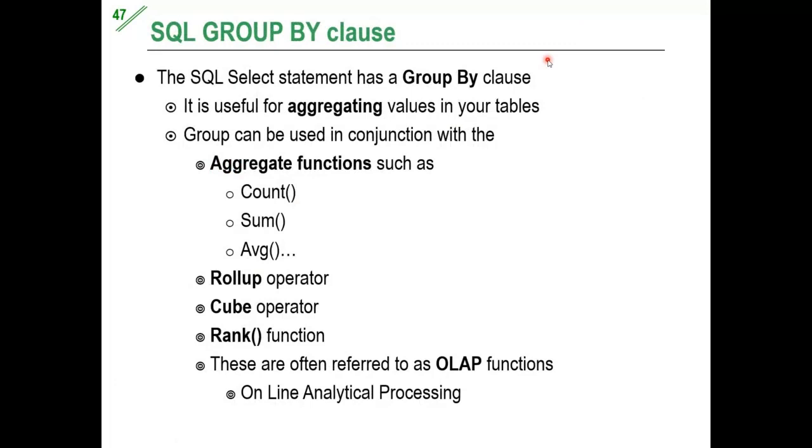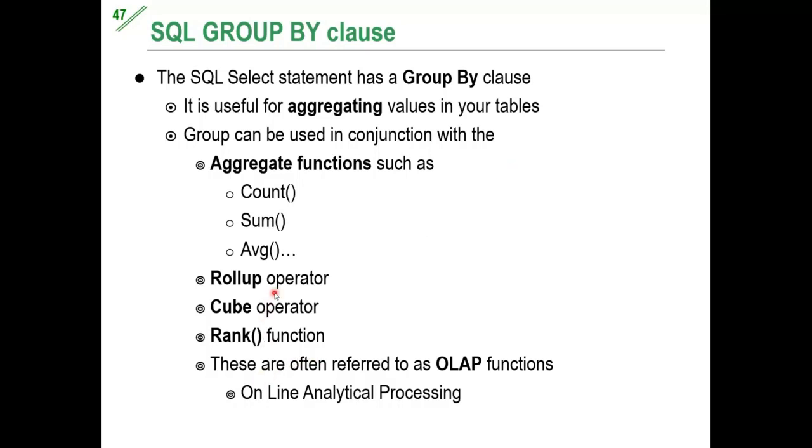Once we create this data warehouse, we can run aggregate functions with the group by clause. That is why we learn these things. Remember the aggregate functions we have learned: count, sum, average, the basic ones. We use these aggregate functions in data warehouses, and also in transaction processing systems, but for limited purposes.